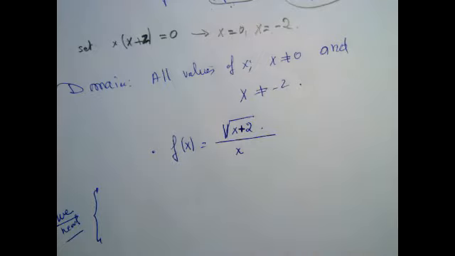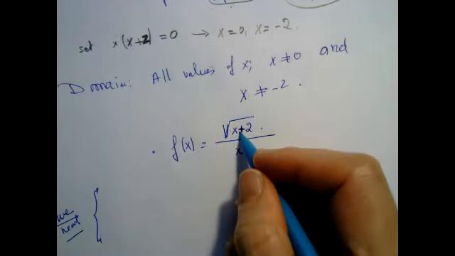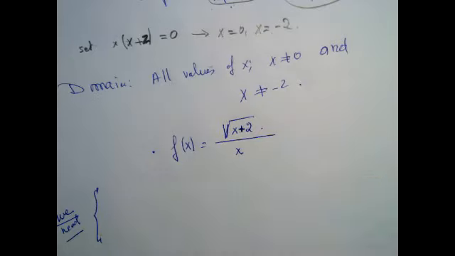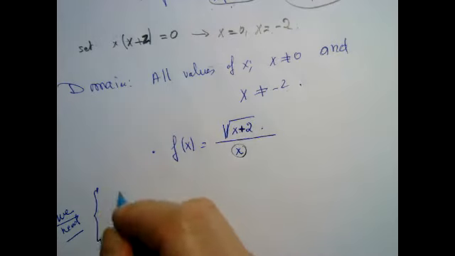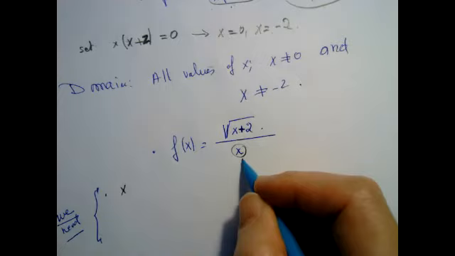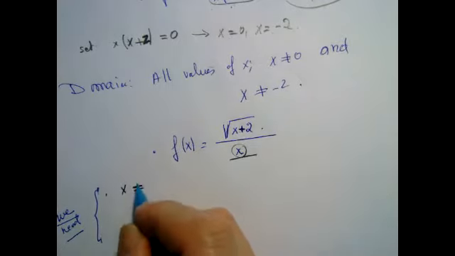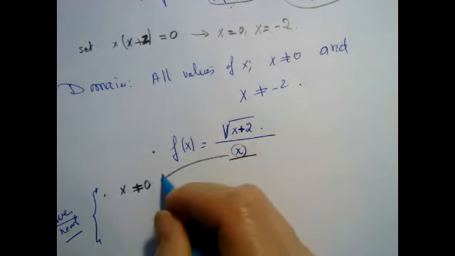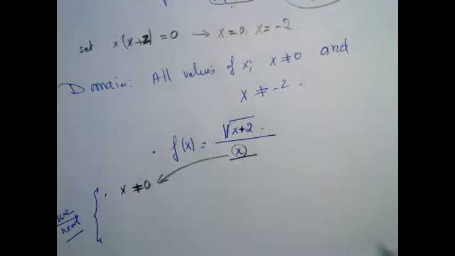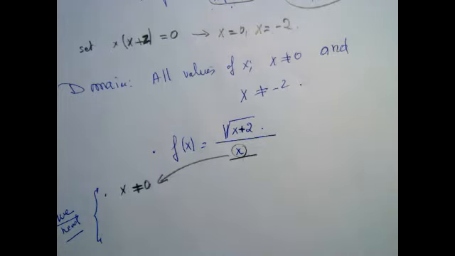So here I have two issues. I'm having some answers, some are good, some are half correct. I have a denominator and I have a term under the square root. Having a denominator tells me which value x cannot take. So x cannot be 0, because a 0 in the denominator gives me a problem.